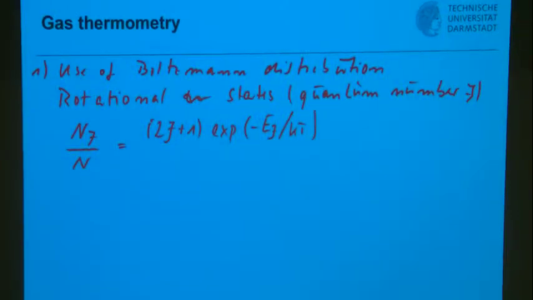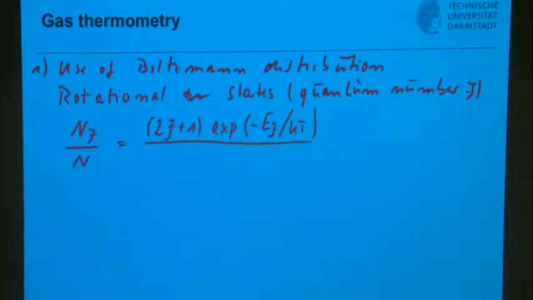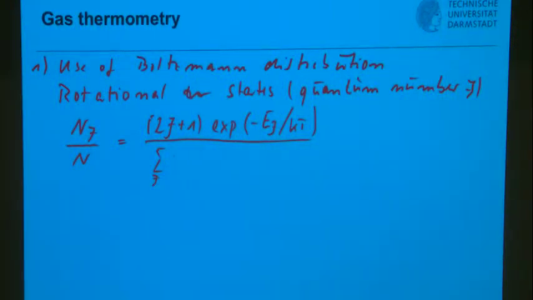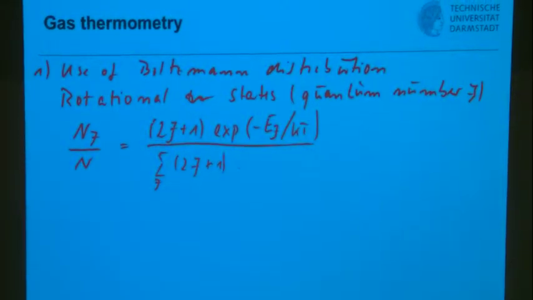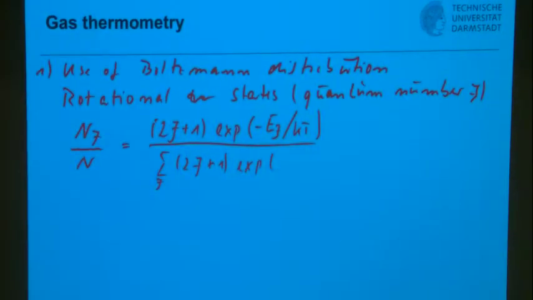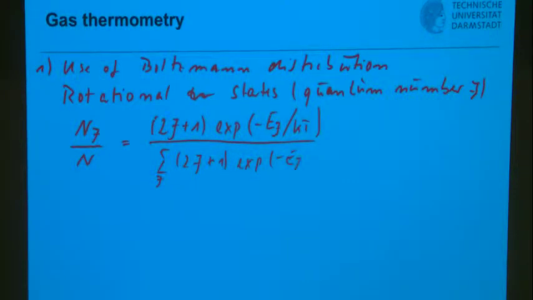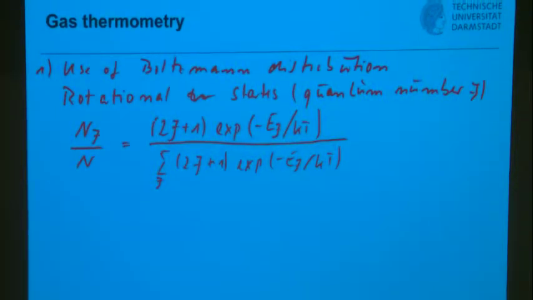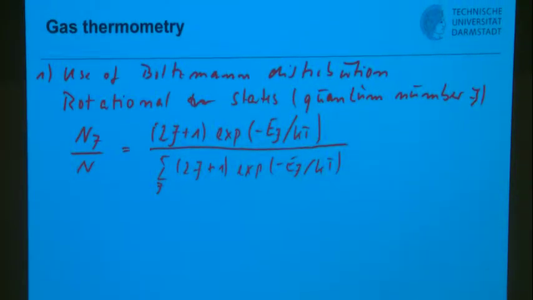And this is over the partition function, which is the sum over all possible states J, given by the same expression, 2J plus 1 times the exponential function of the negative rotational energy over kT. And I will not repeat in detail, or I can do that, the energy that can be calculated for the rotational substates is the following.